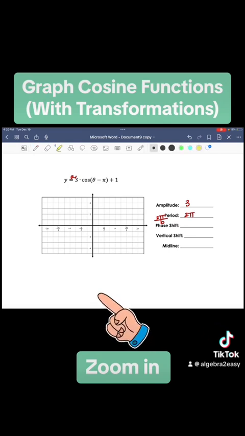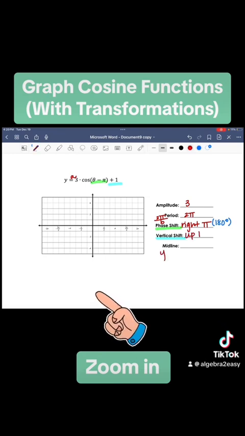Your phase shifts are going to occur inside of your parentheses. Notice we have theta minus pi, so we're going to go to the right pi units. Your vertical shift is going to be your k, so it's either going to be adding k or subtracting k. We do have plus 1, so that means we're going to go up 1 unit.